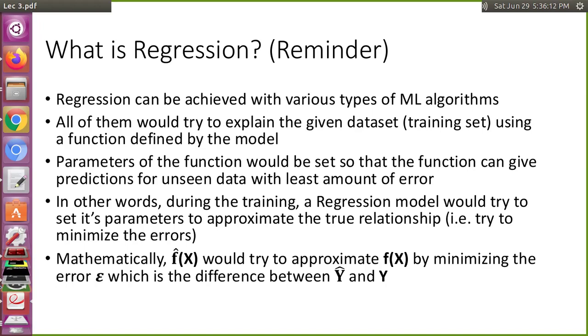So in regression, we have a set of x variables, x1, x2, and xn, and we are going to predict the y value or the label out of these x variables, right?